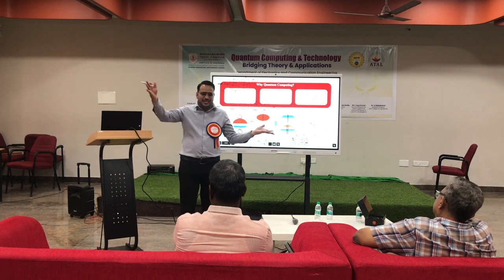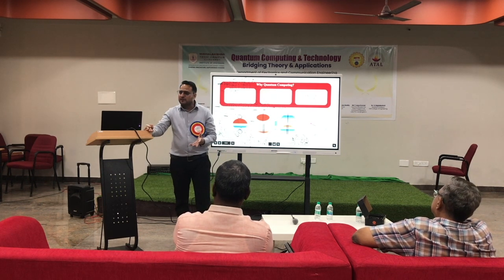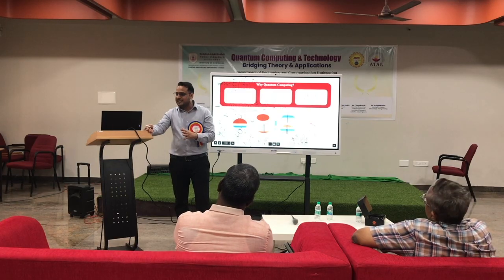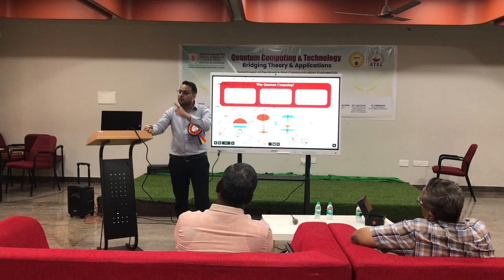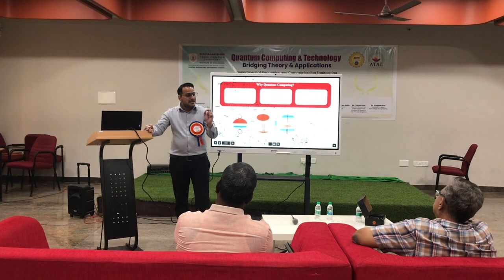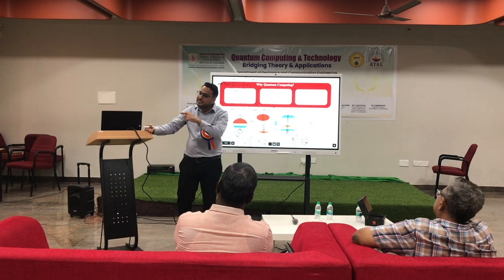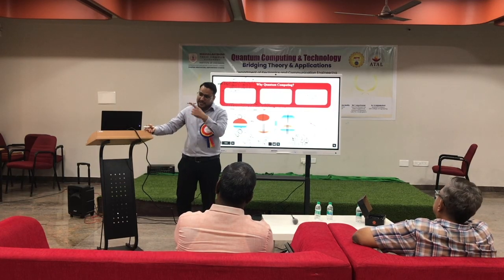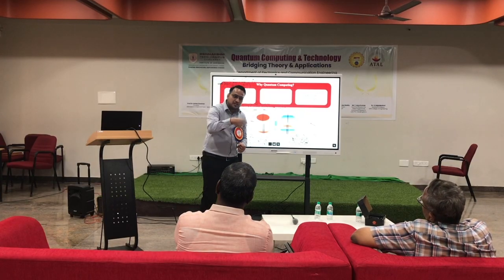We are always dealing with huge, very bulky data sets. So if you are dealing with very bulky data sets, the complexity involved in processing your data is not efficient for the classical machine. What does it mean? At least an exponential amount of time we need to invest in processing the data. It means I have the efficient solution, but I do not have efficient processing of the data.